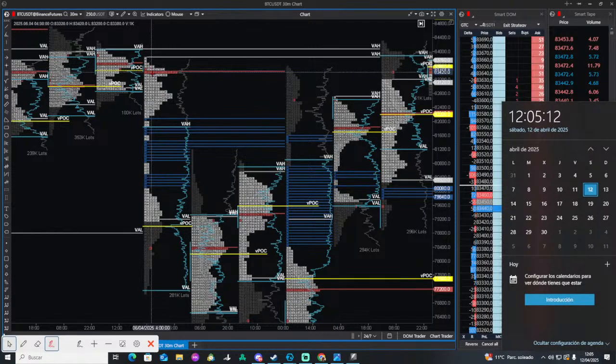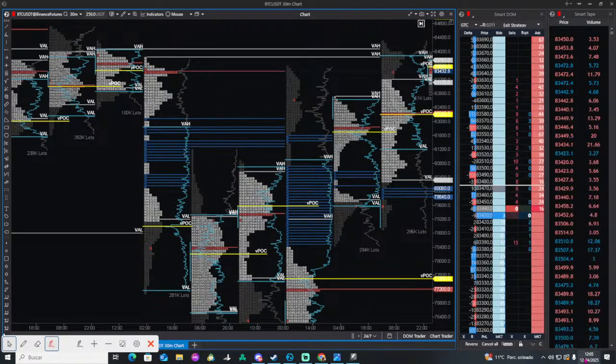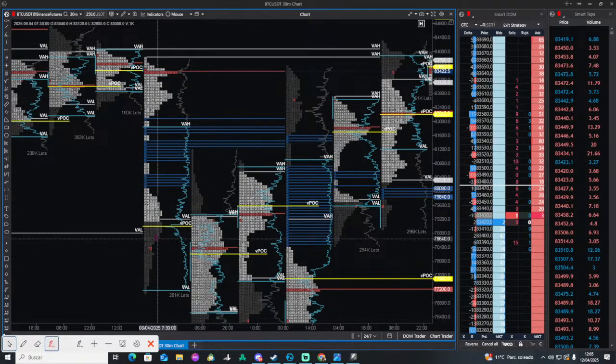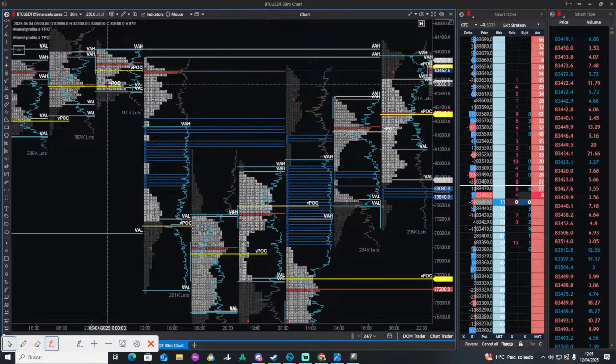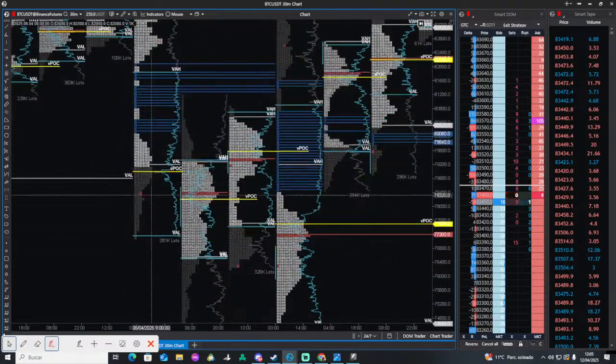So price went from a TPO on the top and created a volume POC on the bottom. So it did a double distribution, different in time and volume.